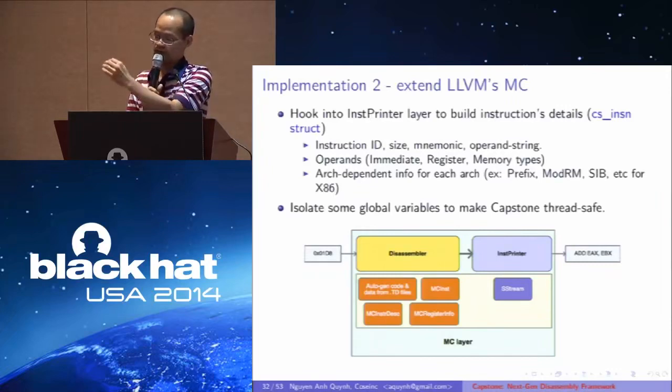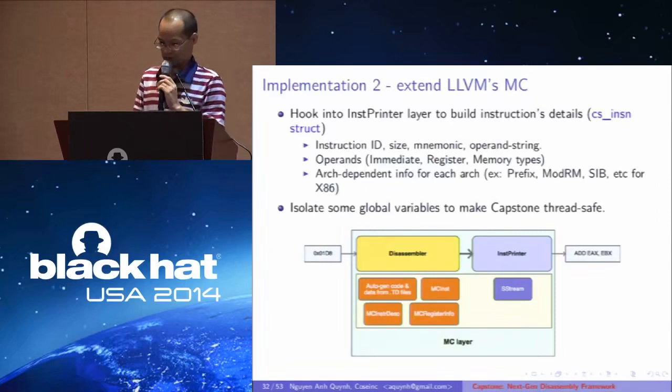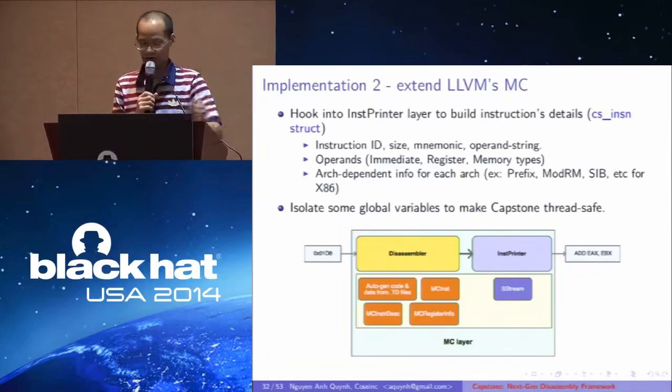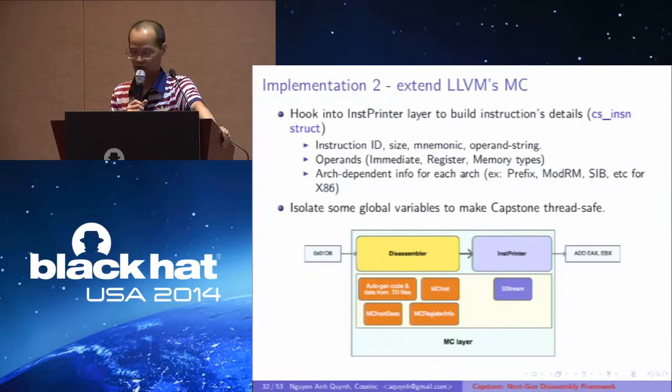It can be immediate, register, or memory. And finally, my hook in this layer will give out the architecture dependent information for each architecture. It can be things like prefix, mode RM, SIB, etc. for x86 and so on.